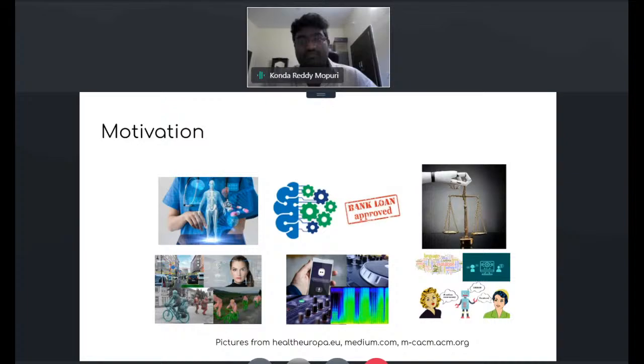Because machine learning is everywhere today. We need to go to the next level of completely understanding the behavior of the models, how they behave in a particular situation, right? All this is very important, particularly so in high stake applications like healthcare, banking, and in law enforcement, things like that, right?